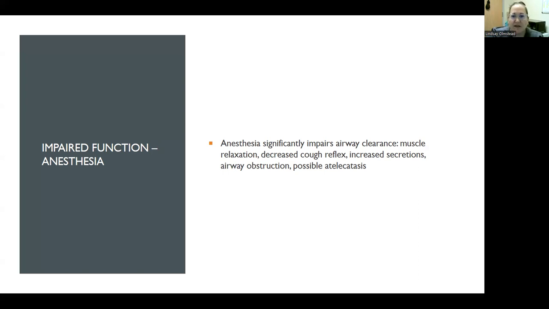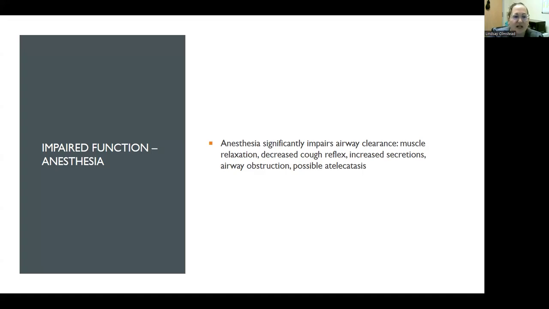With certain anesthesias, you can have an increase in mucus production. Different anesthesia medications can have varying effects on airway muscle tone and respiratory function.